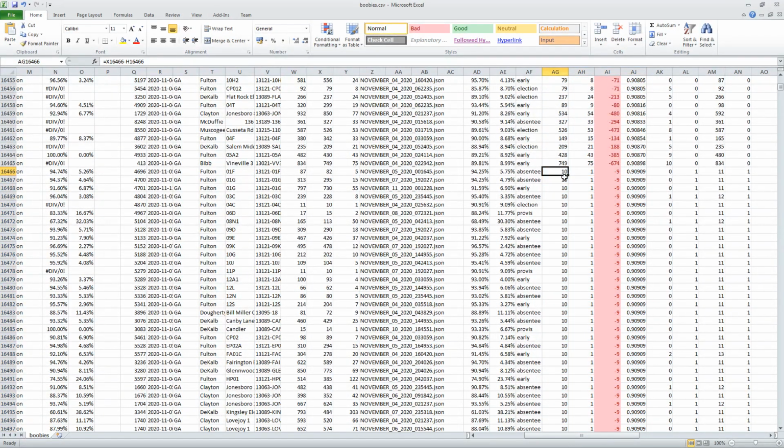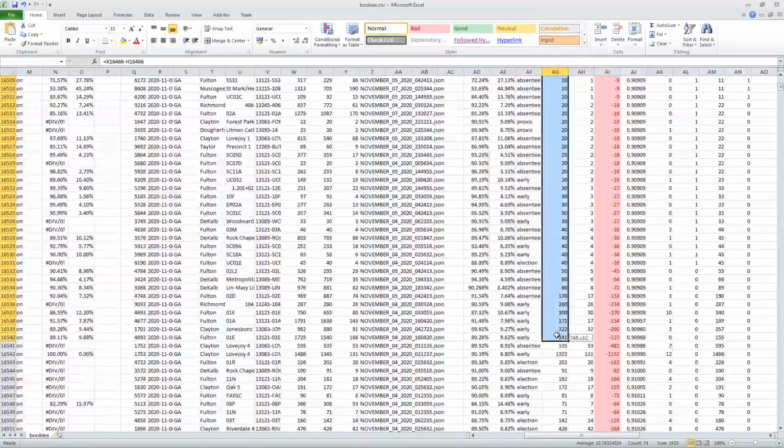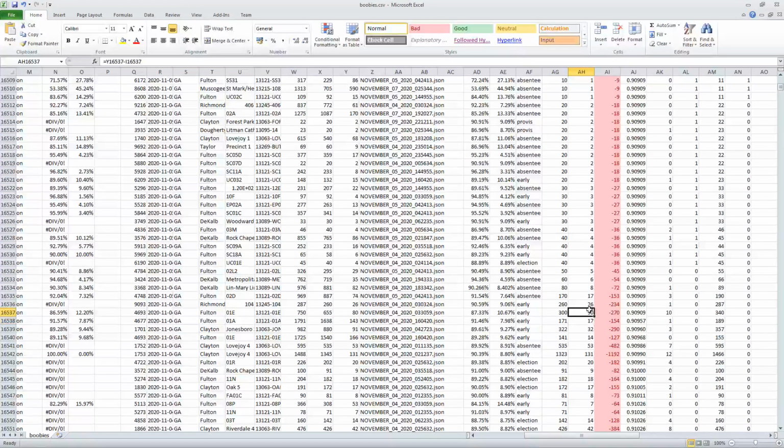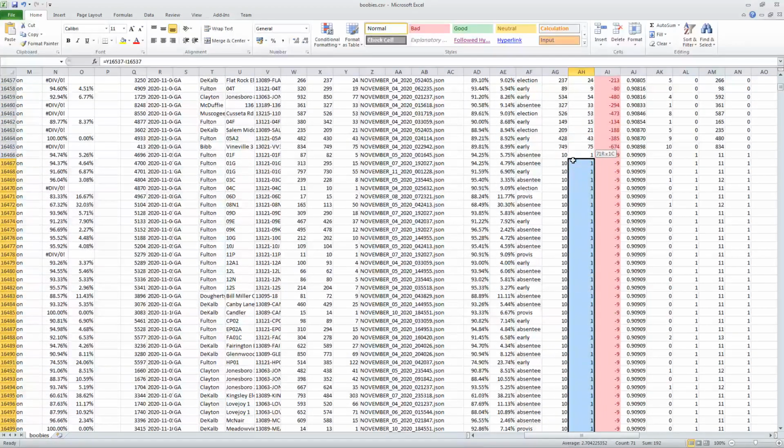Just this alone for Biden here is getting 1,930 just for that. Trump's obviously getting a 193.